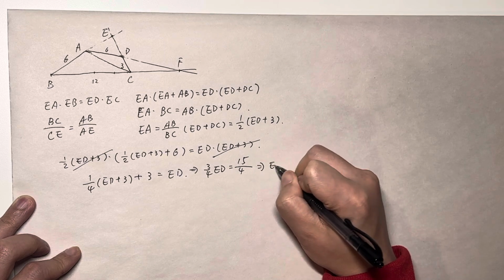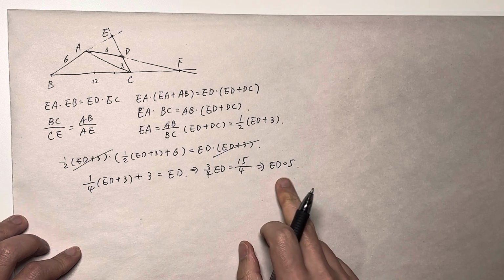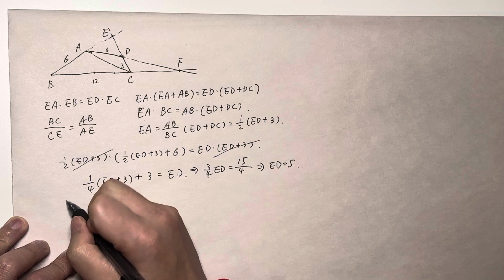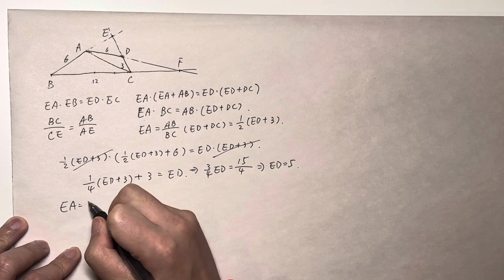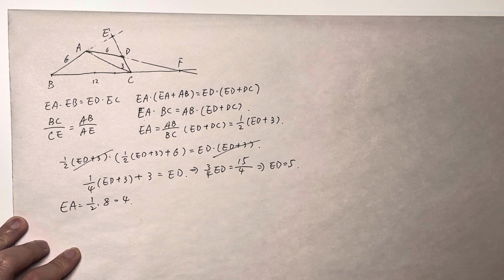So we got ED equals 5, right? ED equals 5. And we know that EA equals this one. So EA equals 1 by 2 times 8 equals 4, right?